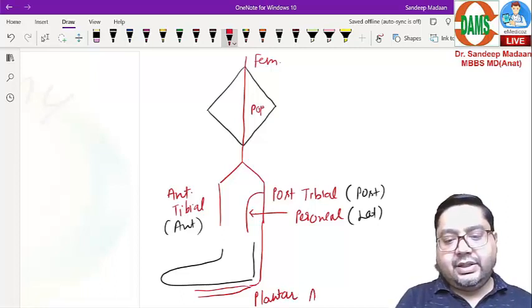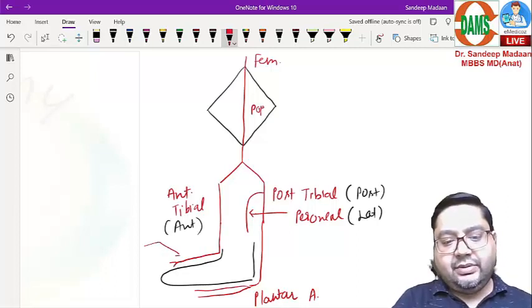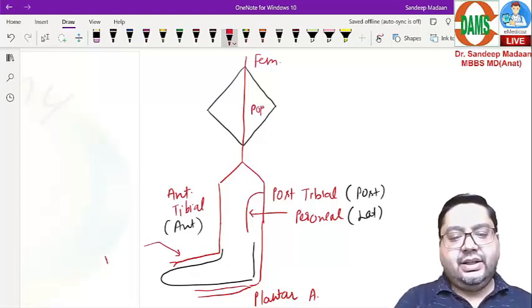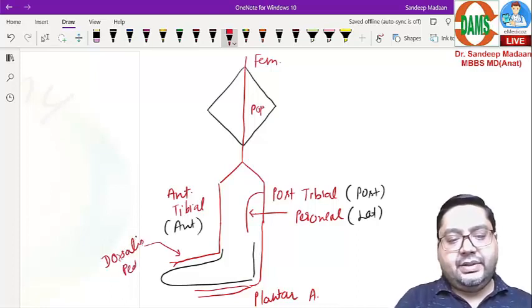And the anterior tibial artery, which travels in the anterior aspect of the leg, reaches the dorsum of the foot, where it gives a branch. This particular vessel is where we check the pulsation for peripheral vascular disease. The name of the artery is the dorsalis pedis artery.